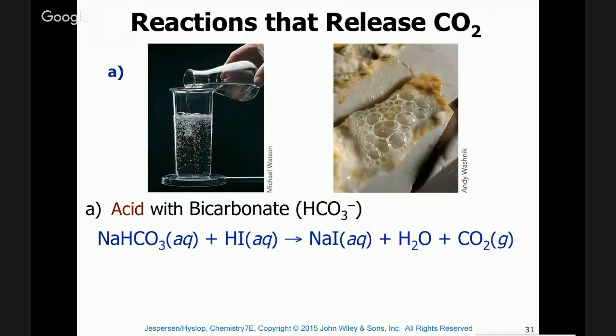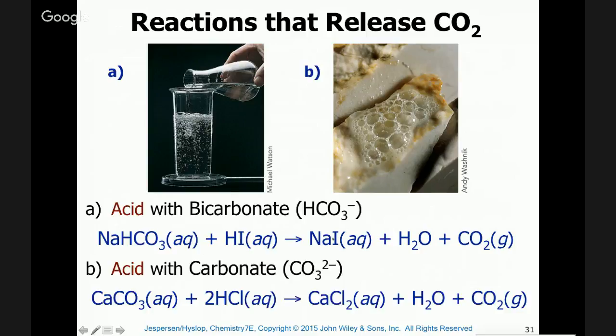So let's say we have reactions that form carbon dioxide. So we have an acid with bicarbonate, sodium bicarbonate, or sodium hydrogen carbonate, as we learned. And the production of CO2, water, and sodium iodide. So if we have an acid with carbonate, we have the formation of CO2 as well.